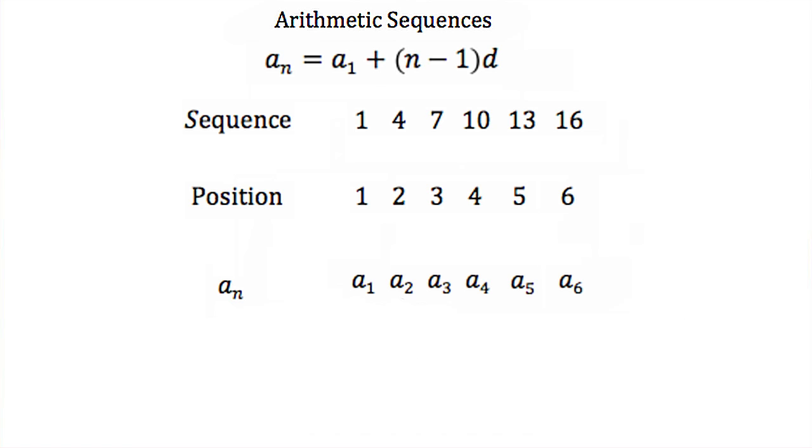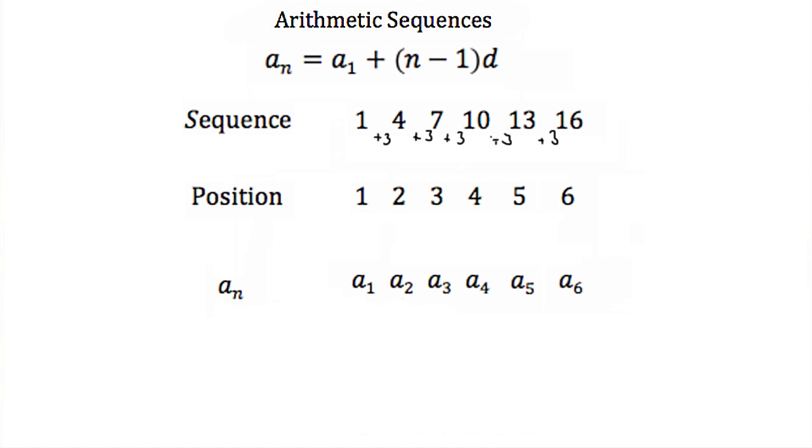Now there is an easier method to calculate arithmetic sequences instead of constantly trying to figure out what each number is consistently added or subtracted to. For instance, this sequence that we're given, 1, 4, 7, 10, 13, and 16, this is plus 3, plus 3, plus 3, plus 3, and added 3 one more time.